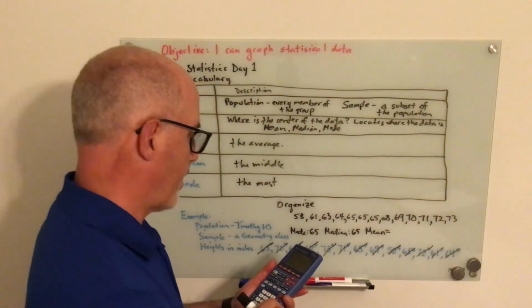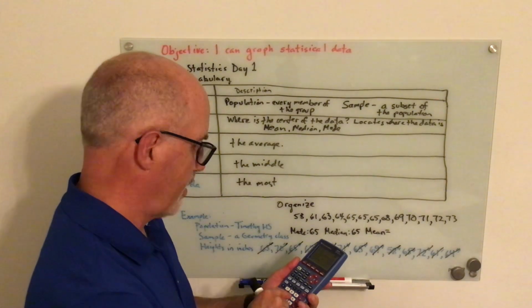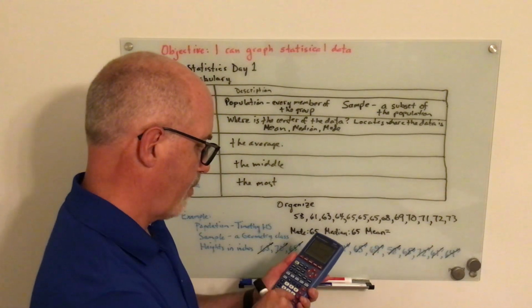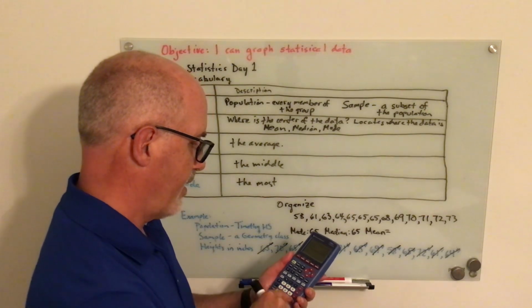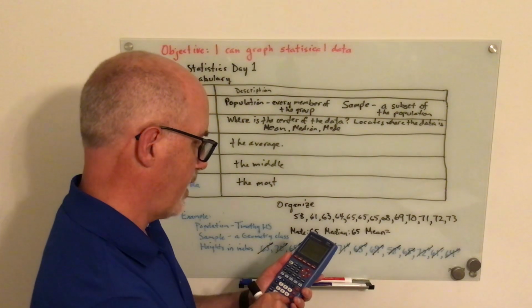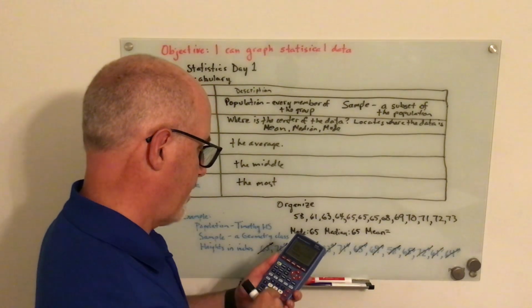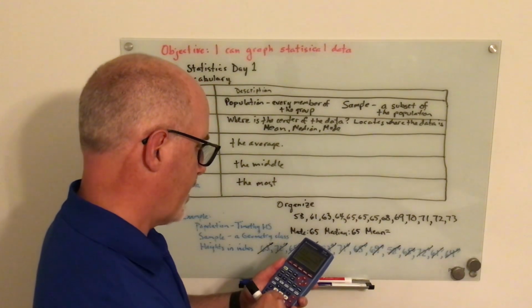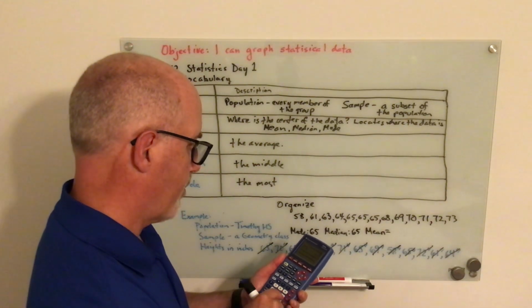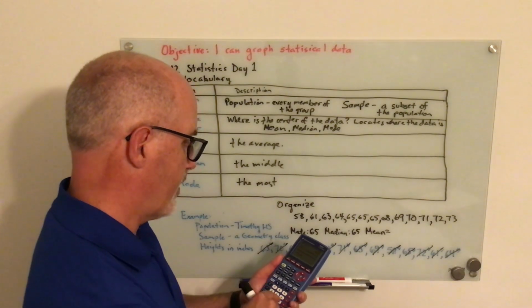So take your calculator, and I'm going to do 58 plus 61 plus 63 plus 64 plus 65 3 times. 1, 2, 3, plus 68, 69, 70, plus 71, plus 72, plus 73.